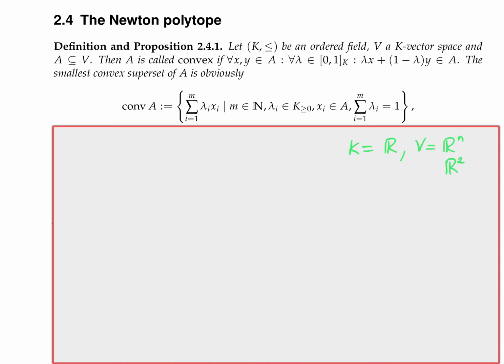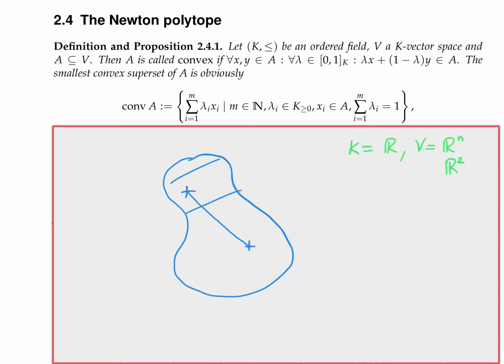So that means, whenever you have 2 points in the set, the line segment joining them is also in this set, right? So for example, a set cannot be of this shape here, because here I could choose 2 points such that the line segment between the 2 points is not entirely in the set, right?